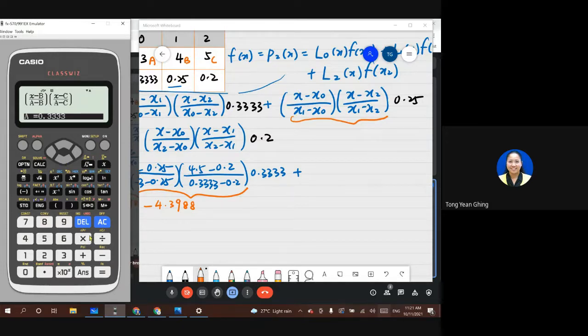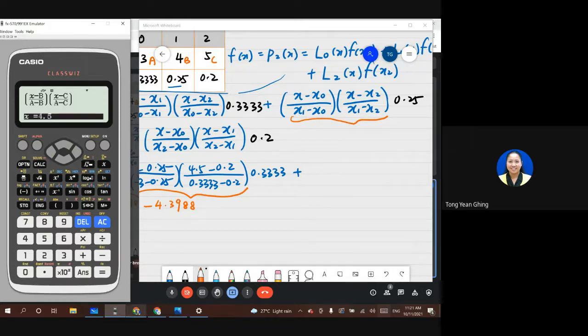X1 is 0.25. And then c is this one, x2. Sorry, not 0.25. Why did I put 0.2? Sorry, it's 4. C is 5.